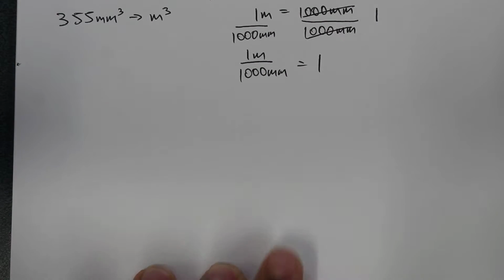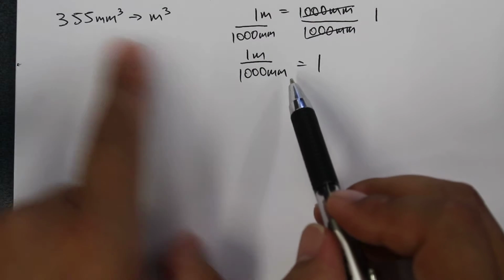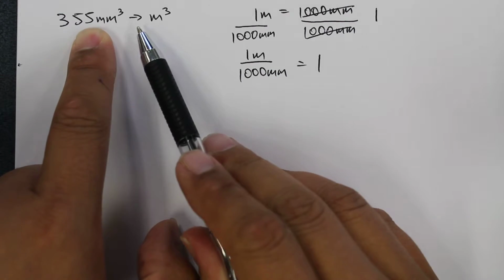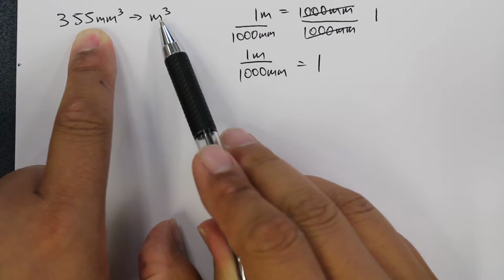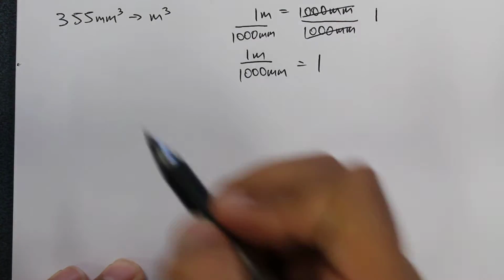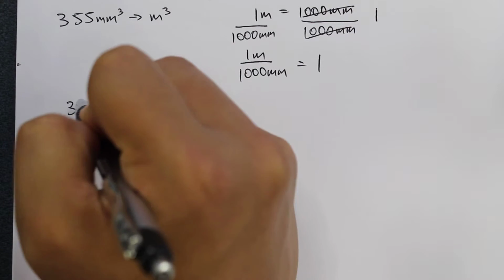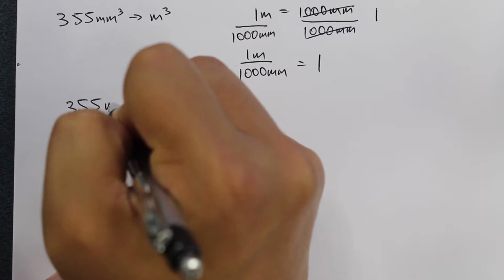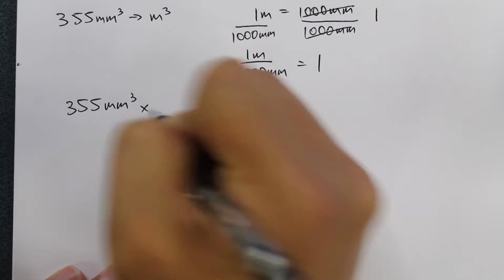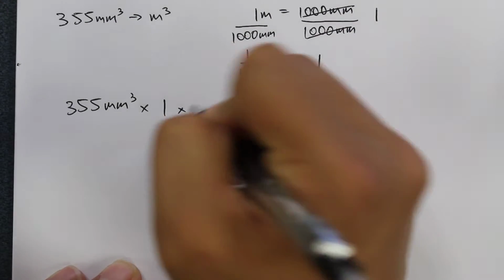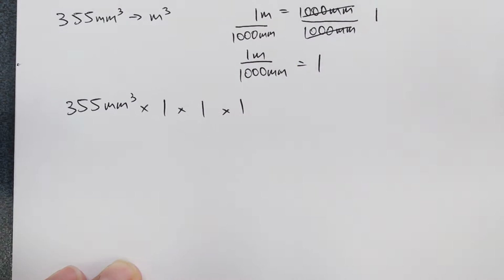Alright, so now what we can do is multiply this value 3 times by 1, and that will get us a value which has the unit in meters cubed. So here I can write down 355 millimeters cubed, and we'll multiply this by 1 3 times. So 1 times 1 times 1.